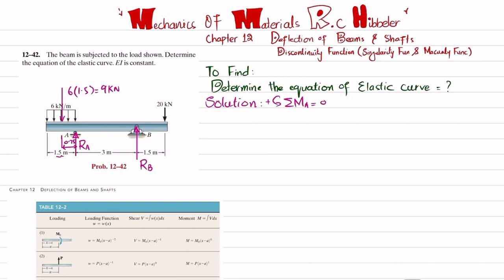This is producing a counterclockwise moment, so it will be positive. So I will write 9 into 0.75.